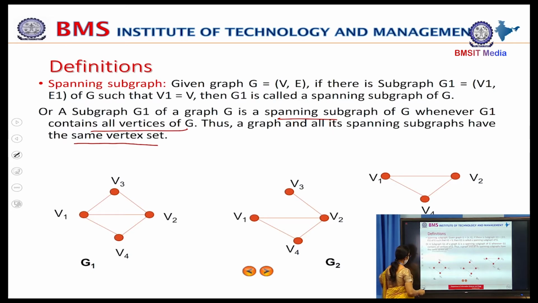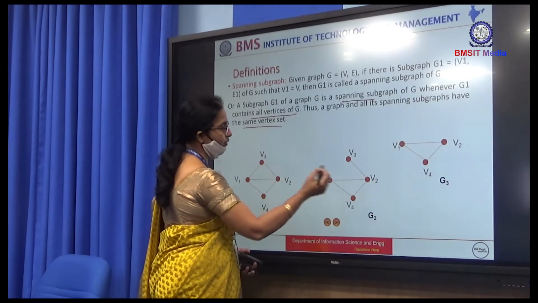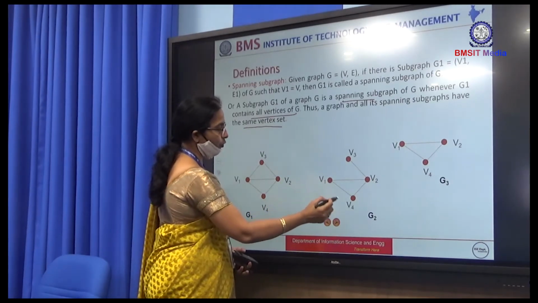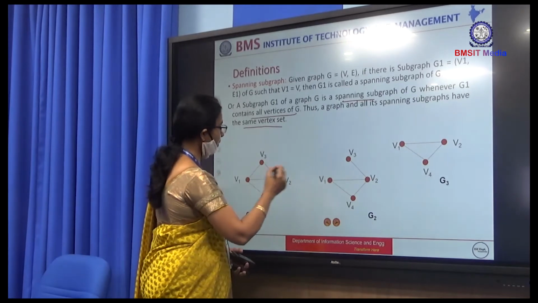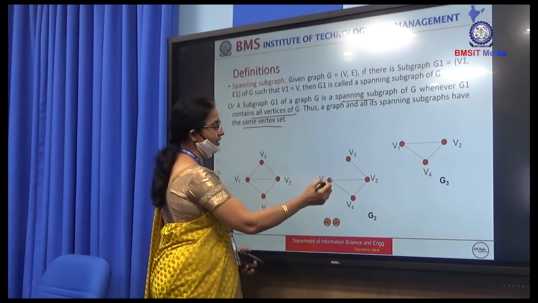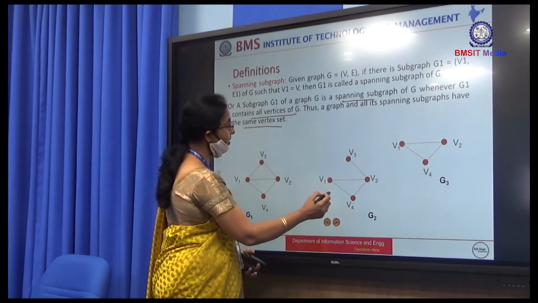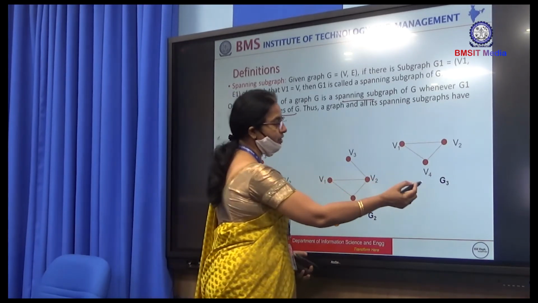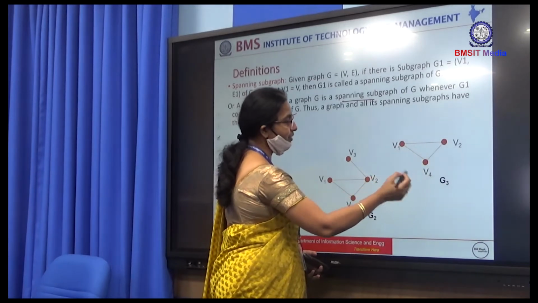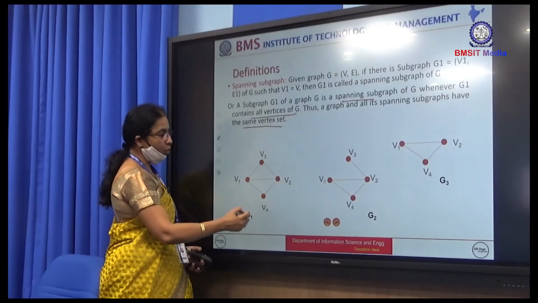So here G1 is the graph which contains 4 vertices, and G2 is a graph which contains 4 vertices. All 4 vertices are available, but the edge from V1 to V3 is missing here. But still, since all vertices are available, we can call that a spanning subgraph. And G3 contains only 3 vertices, whereas the graph contains 4 vertices.